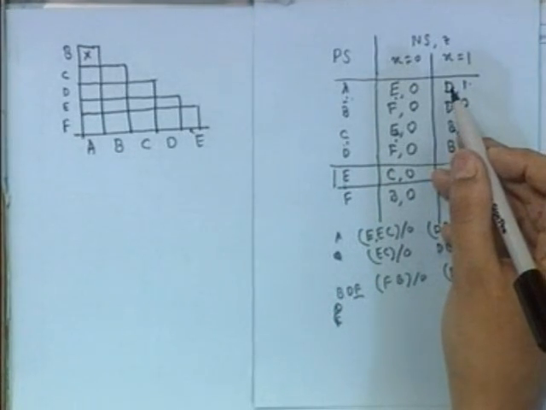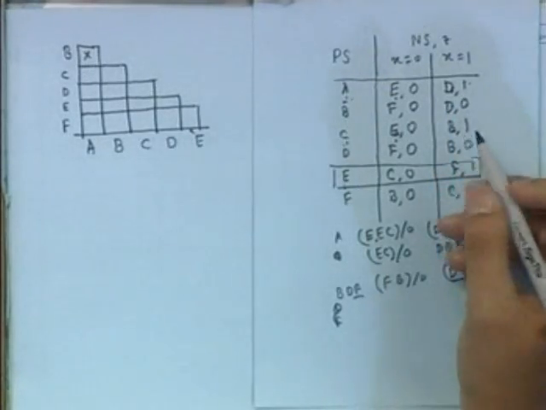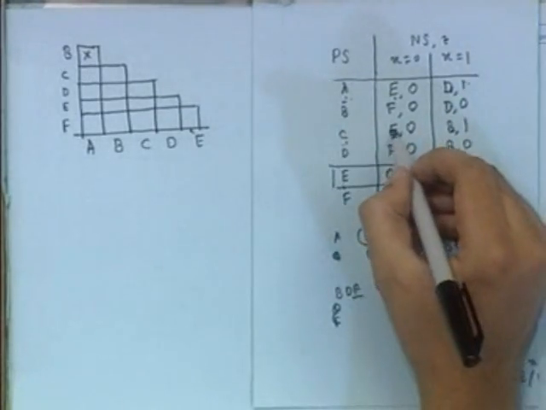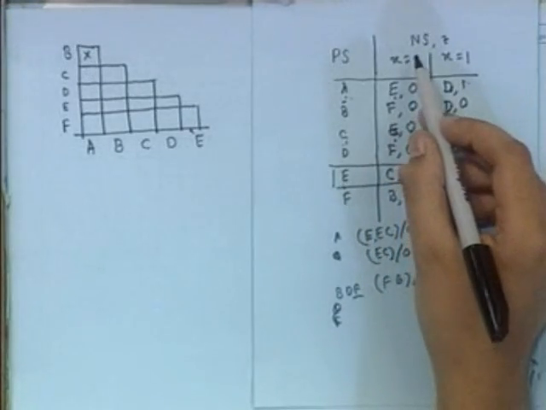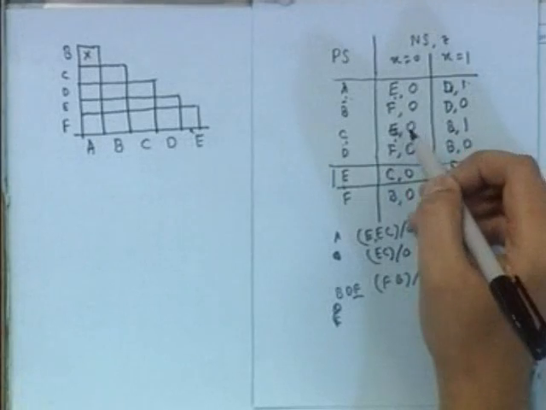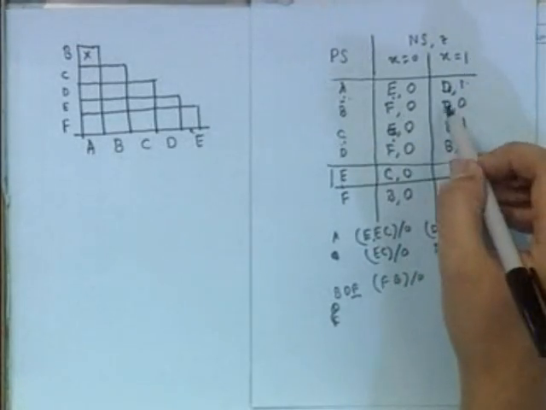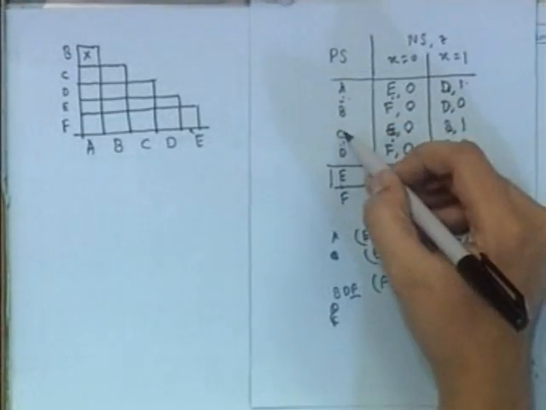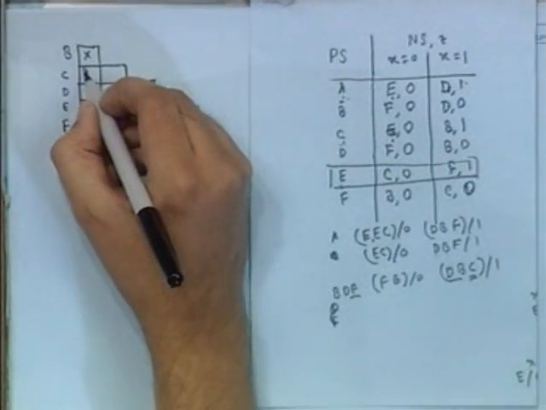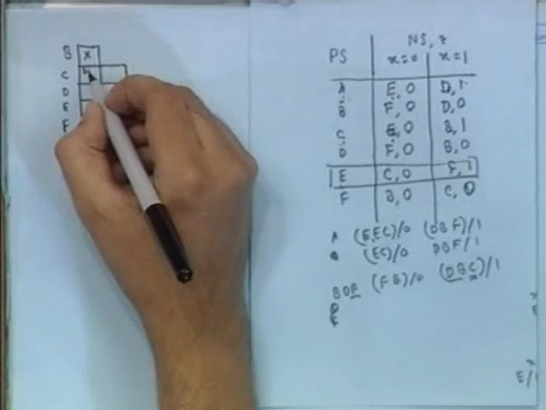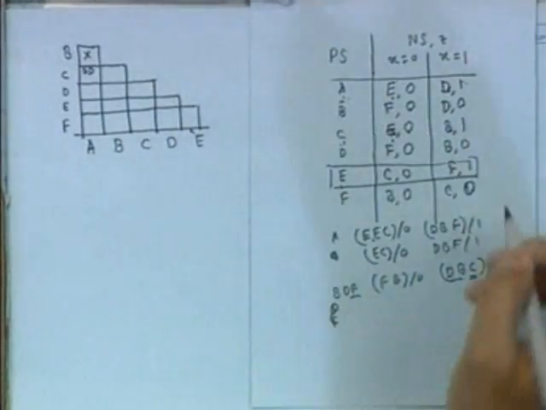You can understand? See, A and C have x equal to 0 successor E with output 0, and x equal to 1 successor B or D. So A and C will be equivalent if B and D are equivalent.